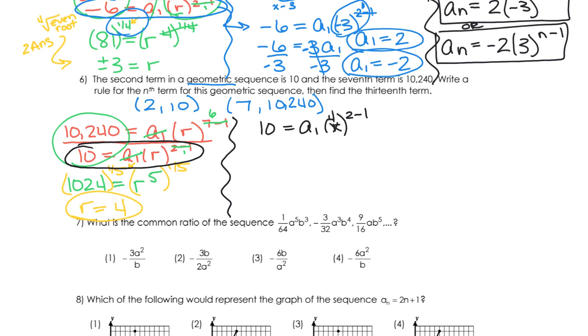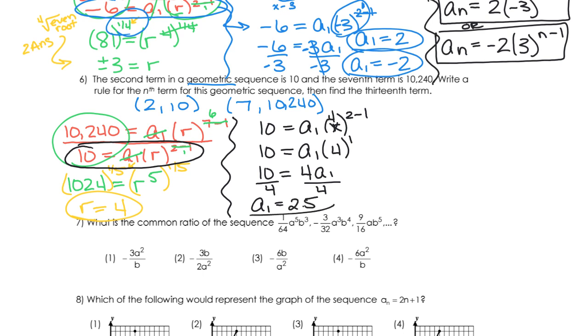Our r value was 4. So this becomes 10 equals a sub 1 times 4 to the first power. Well, 4 to the first power is just 4. And then I'm going to divide by 4. And that's going to end up as either 5 over 2 or 2.5, either one.